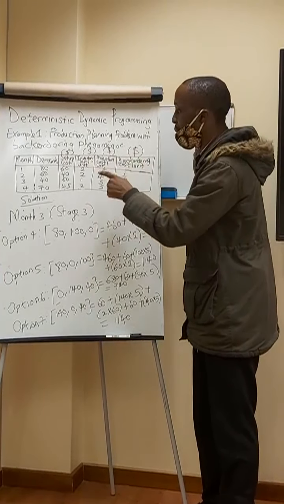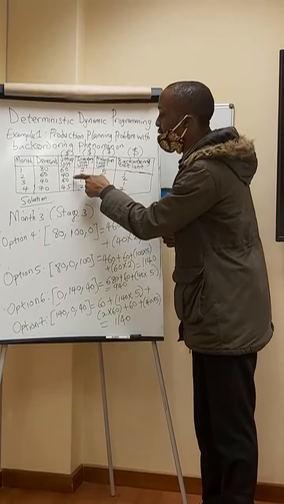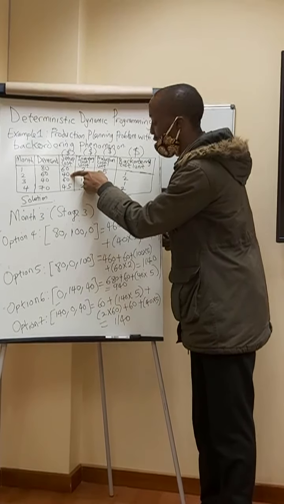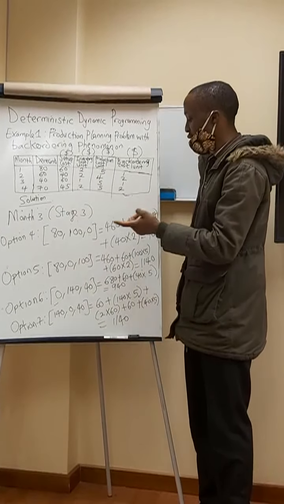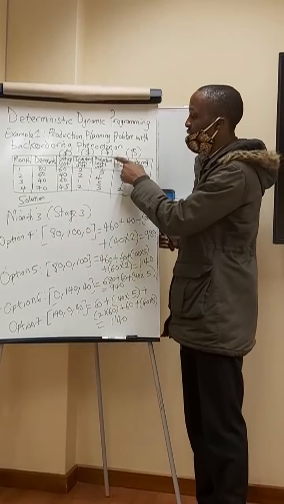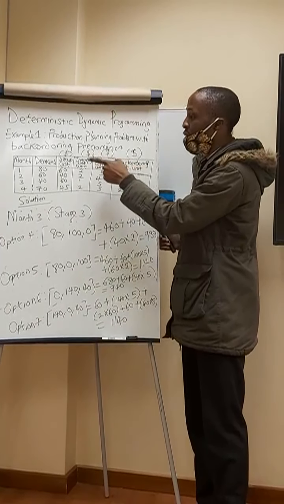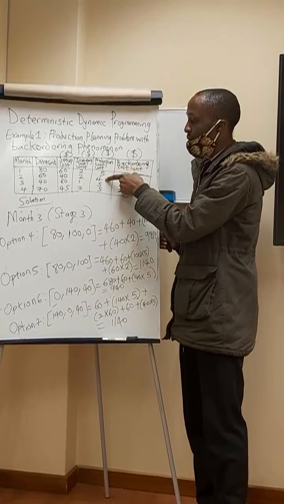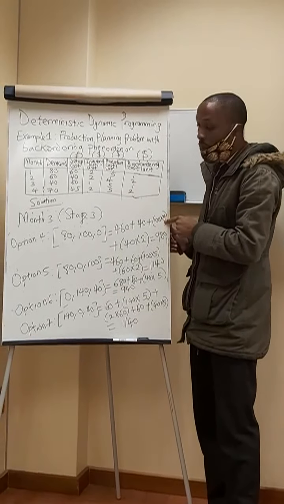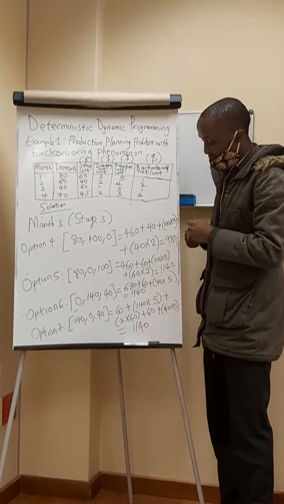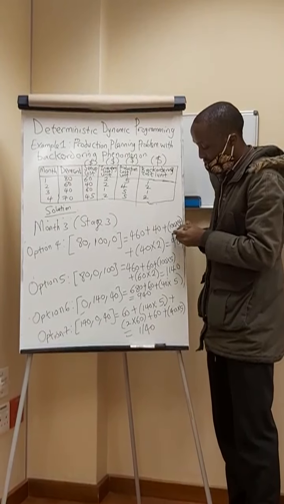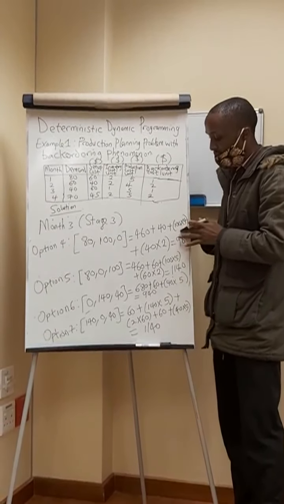So don't forget, in month 2 you are producing, so you incur a set-up cost of month 2, which is 40. You are producing 100 units, that will give you 100 times the production cost per unit for month 2, which is $4 per unit. And that's why you have this 100 times 4, as you can see in the slide. I think it's very clear.